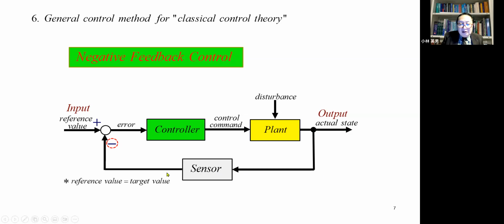Then this signal goes back as a negative feedback. I write sensor here, but usually we can also write feedback gain instead of writing sensor.